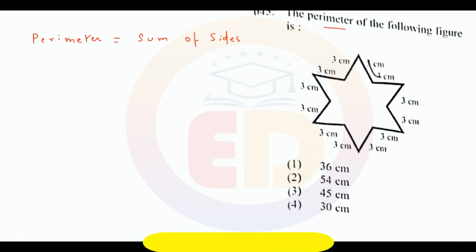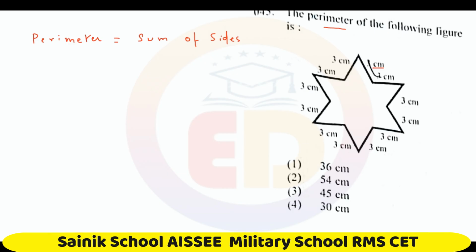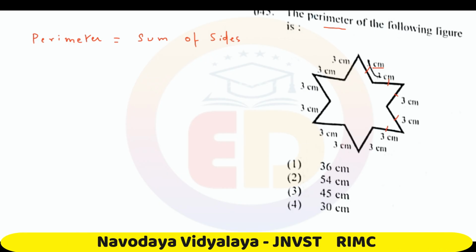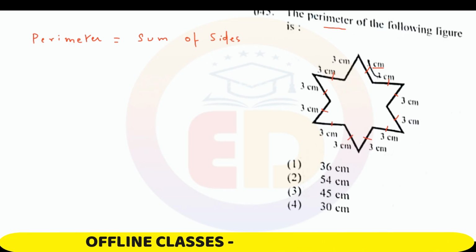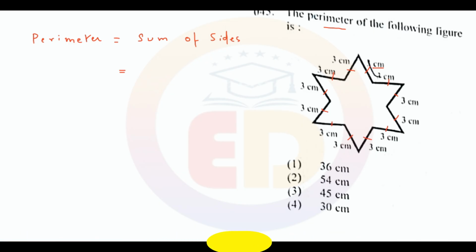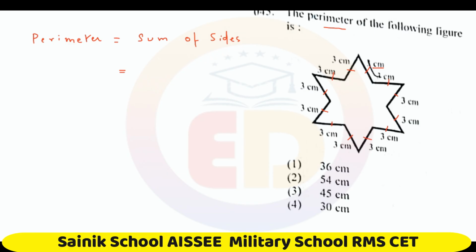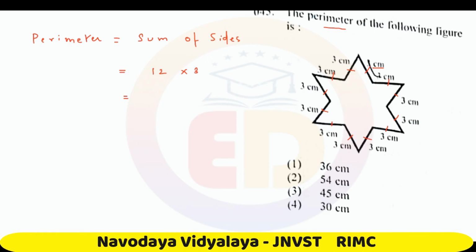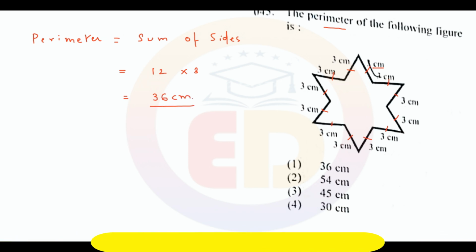Each side is 3, and there are 12 sides: 1, 2, 3, 4, 5, 6, 7, 8, 9, 10, 11 and 12. Each side is 3, so the sum of sides will be 3 added 12 times. For that you multiply 12 by 3. Answer is 36 centimeter. Seemingly an easy question.